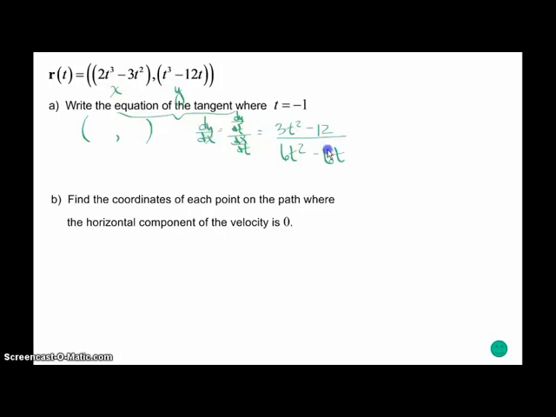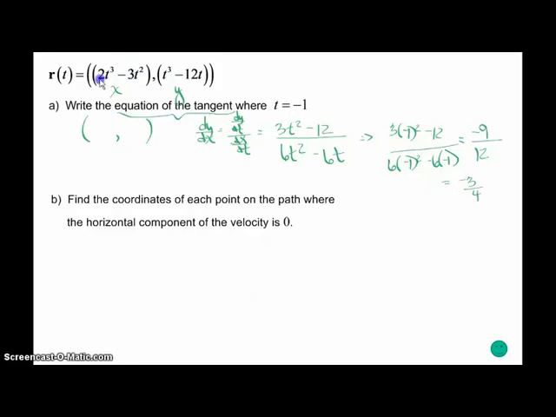So there's our slope. We want that at t equals negative 1. So that's going to give us 3 times negative 1 squared minus 12, over 6 times negative 1 squared minus 6 times negative 1. So 3 times 1 minus 12 is negative 9, over 6 plus 6, which is 12. 3 will go into both of those, so negative 3/4.